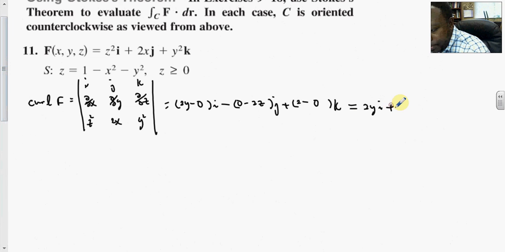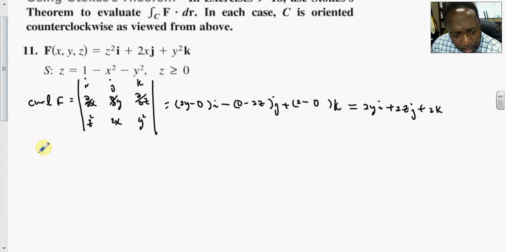So here we have for the curl 2yi plus 2zj plus 2k. The gradient, well, first we need g. g is this z and then everything to the same side as z.